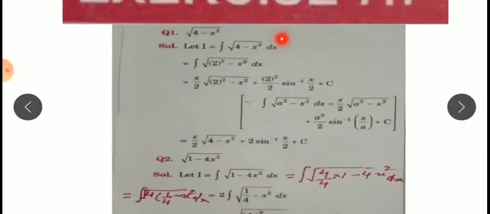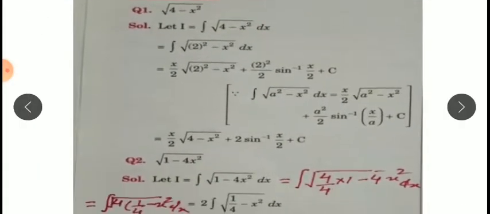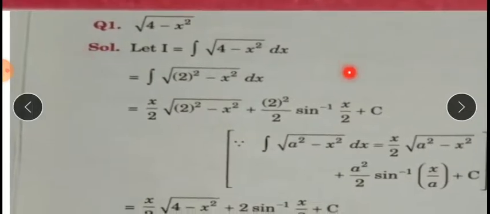On the basis of these formulas, refer to exercise 7.7. Question number 1: integrate square root 4 minus x square. Let I be equal to integration square root 4 minus x square. We have to change this question into integrable form.